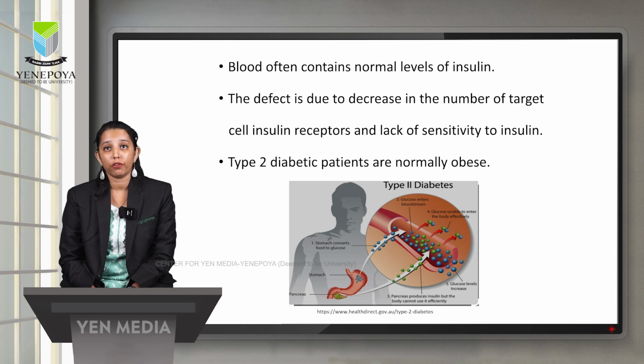Therefore, there is a lack of sensitivity to the insulin, and so blood often contains normal levels of insulin, but blood glucose level can be seen increased. Type 2 diabetes is seen in obese people because of improper diet and improper maintenance of the lifestyle.